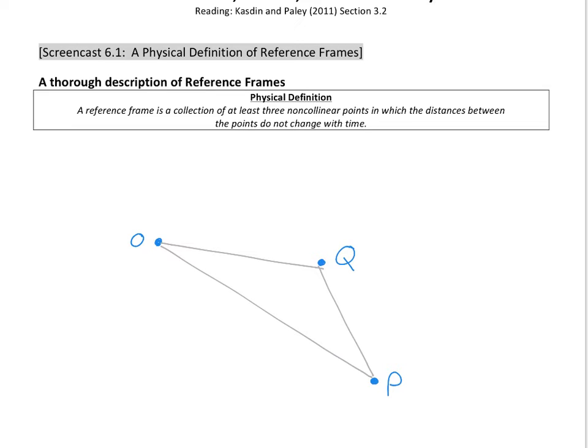So we would need 2 points to define a line, 3 points to define a plane. And so we can define all rigid bodies, or at least the orientation of all rigid bodies, by a plane. Because if we have a plane, then we can define a vector that's normal to or perpendicular to that plane, and that'll tell us the orientation of that plane or rigid body in 3 dimensions.